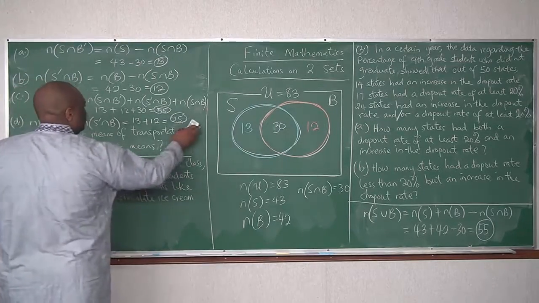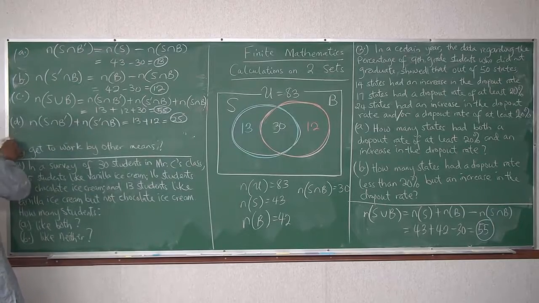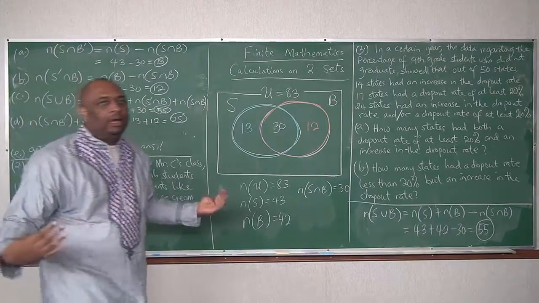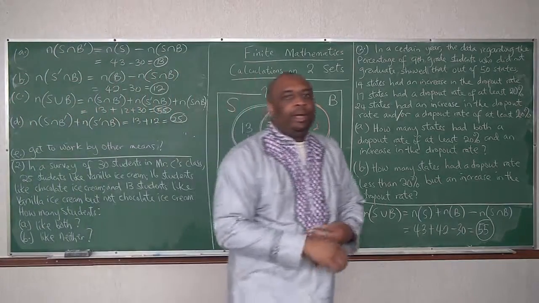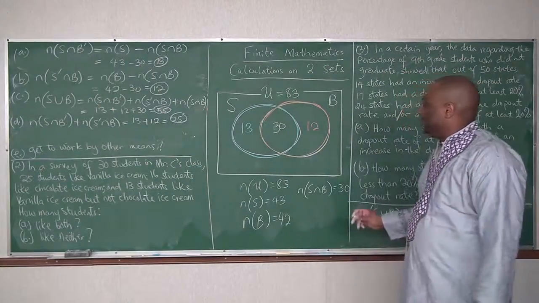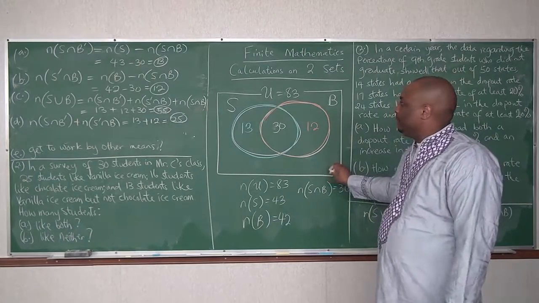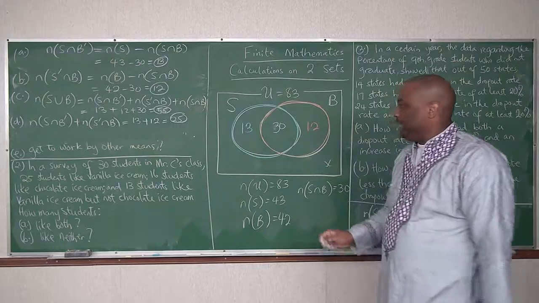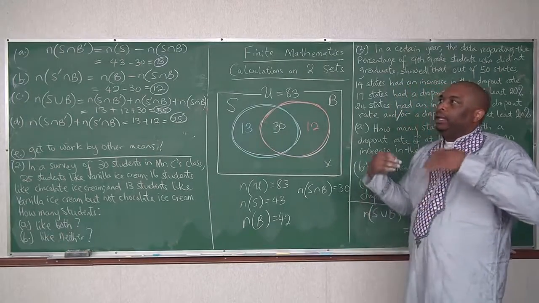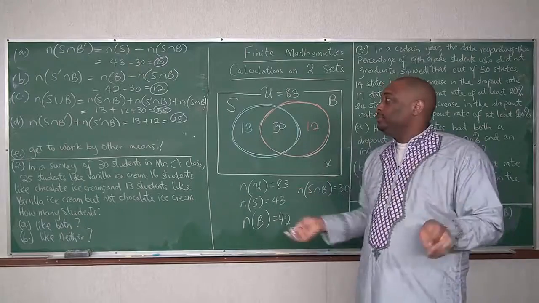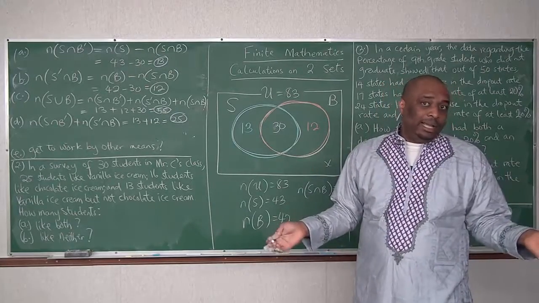Now the next one, the last one in this question: get to work by other means. So other means is not going to be by subway and it's not going to be by bus. That is what we mean by other means. So that tells us there should be something outside subway and bus, and we can call that X. Some people who don't use subway and don't use bus could use leg.